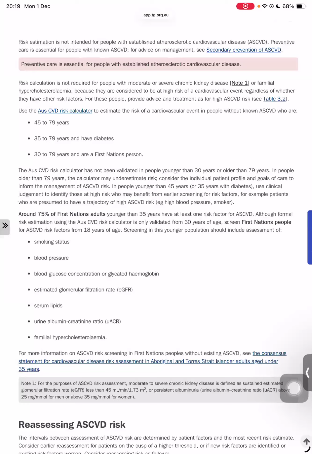Actually, we start screening from 18 years of age, but it is an individual screening, where we screen smoking status, blood pressure, blood glucose concentration, estimated glomerular filtration rate, familial hypercholesterolemia, serum lipids, and urine albumin creatinine ratio.